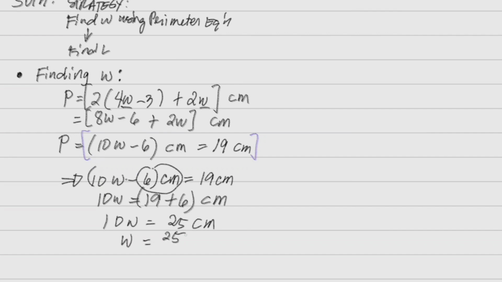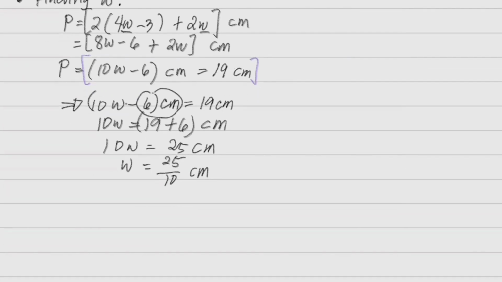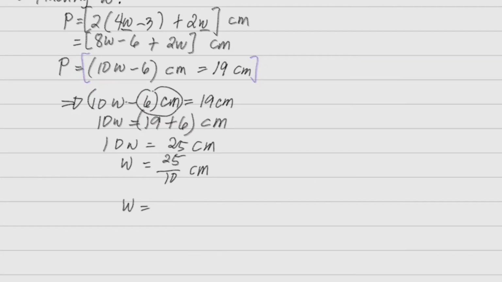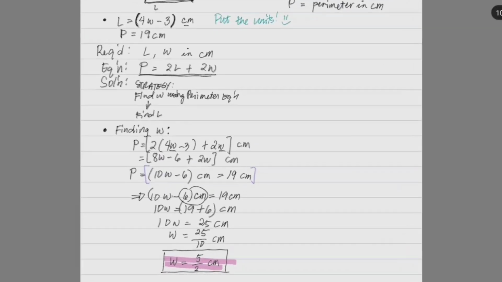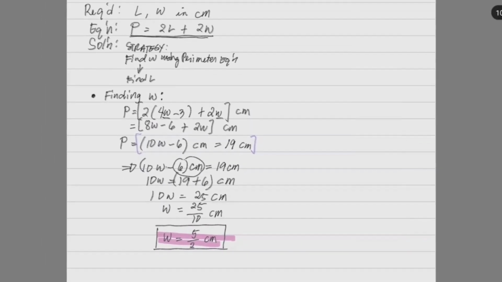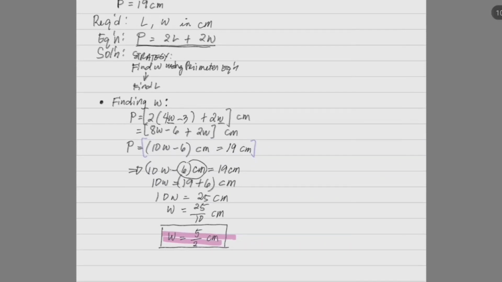W is equal to 25 over 10 cm, which leads us to W simplified as 5/2 centimeters. And then we said earlier that you can either box your final answer and circle it or even highlight. Okay? So that is the first dimension. We already solved for the width.